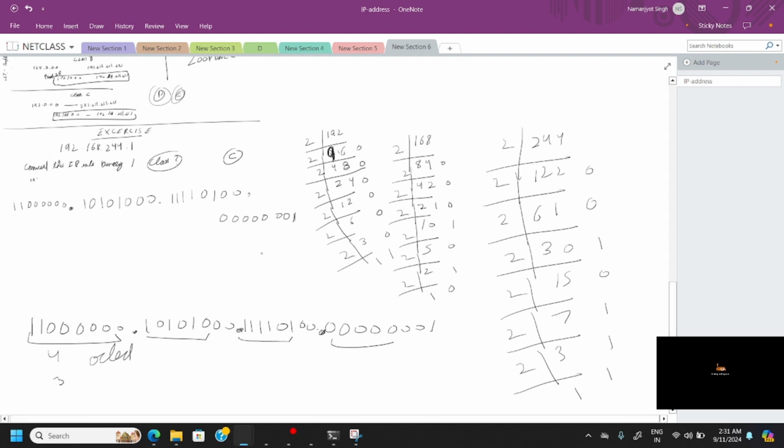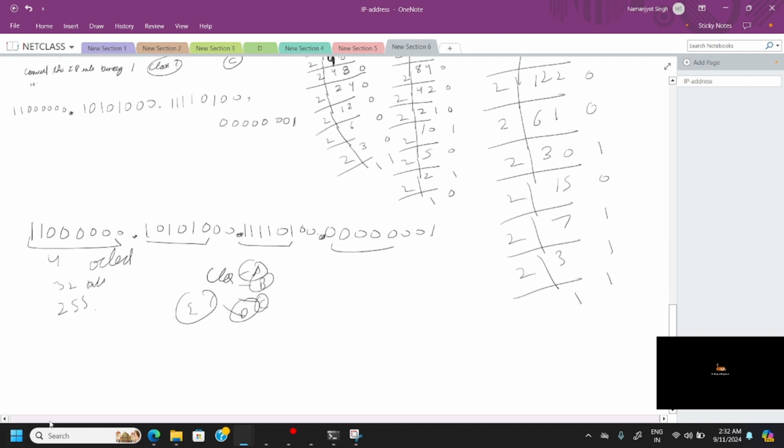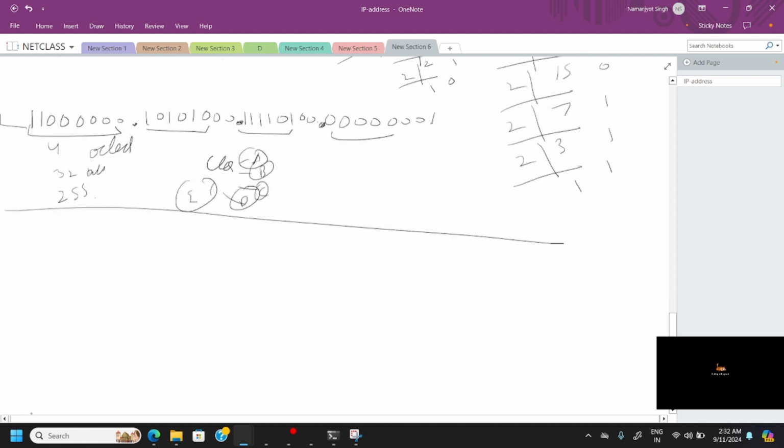This is 32-bit. The maximum value of an octet is 255. There are classes A, B, C, D, E. So this is how you break down an IP address.